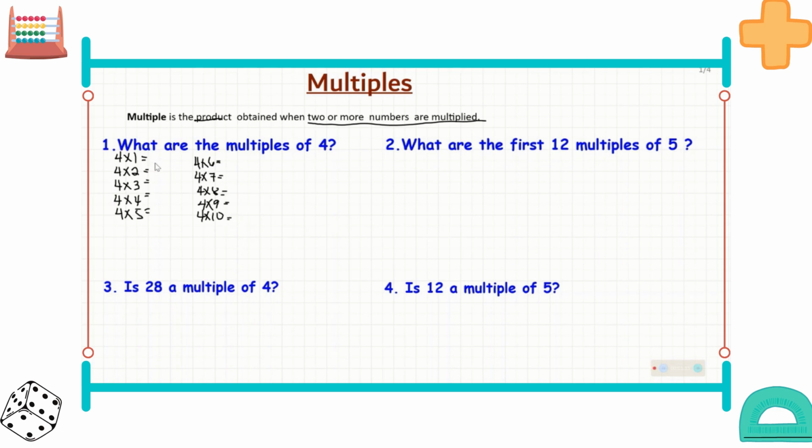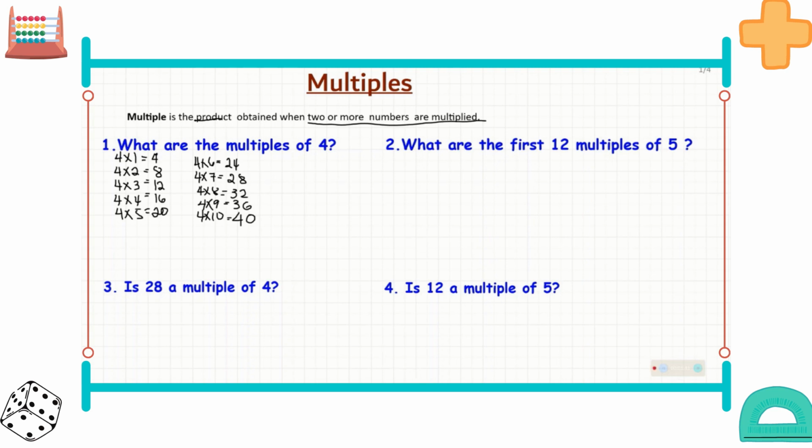So 4 times 1 is 4, 4 times 2 is 8, 4 times 3 is 12, 4 times 4 is 16, 4 times 5 is 20, 4 times 6 is 24, 4 times 7 is 28, 4 times 8 is 32, 4 times 9 is 36, and 4 times 10 is 40.